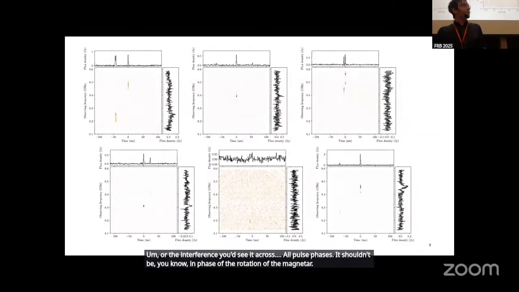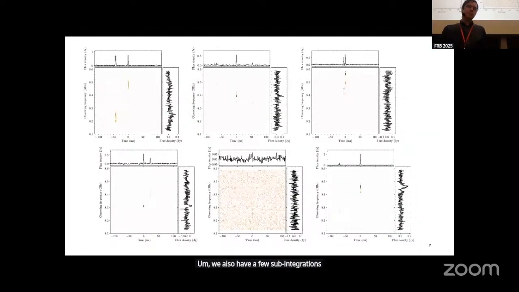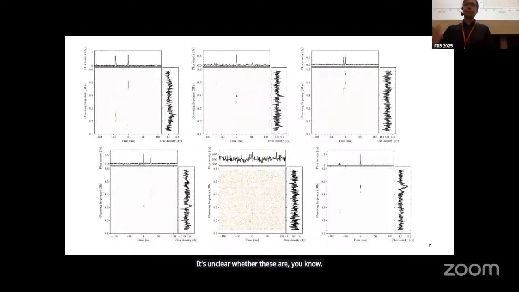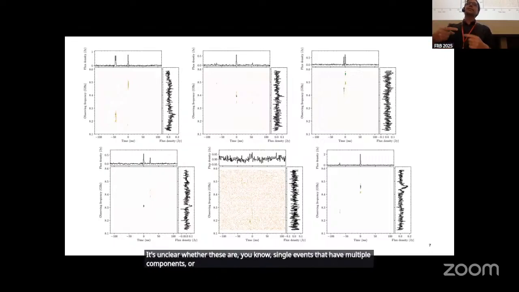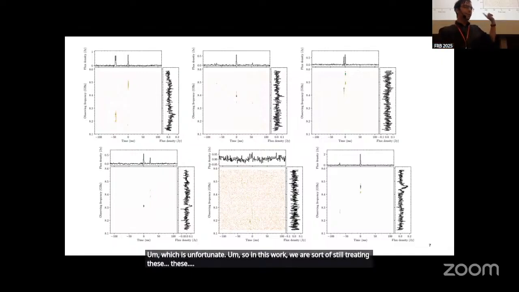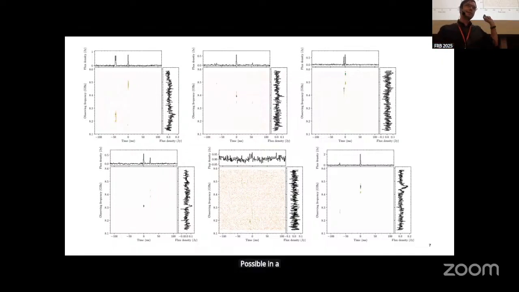We also have a few subintegrations where we see what could have been multiple component bursts, but because we're averaging over several rotations of the magnetar, it's unclear whether these are single events with multiple components or individual bursts that have been averaged together, which is unfortunate. So in this work, we are still treating these possible multi-component things as individual independent events.